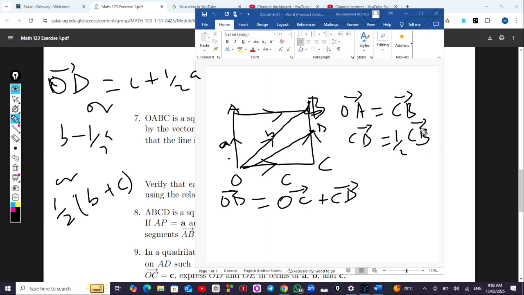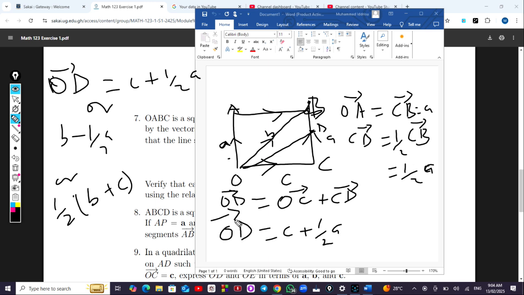So OA is a, vector CB will also be a, so CD is half a. So OD is c plus half a, and we are done with the first case.